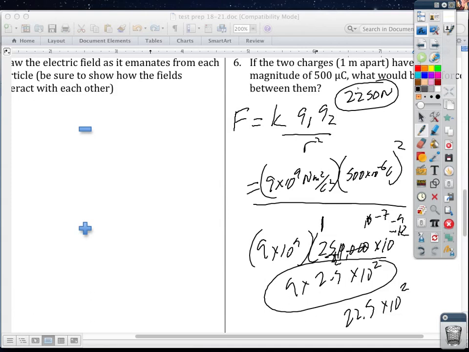No, you use 1. Oh, just plug it in your calculator. 9 times 10 to the 9th times 500 times 10 to the minus 6 squared.